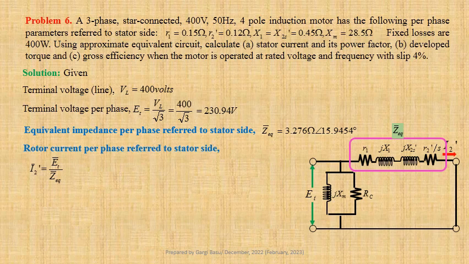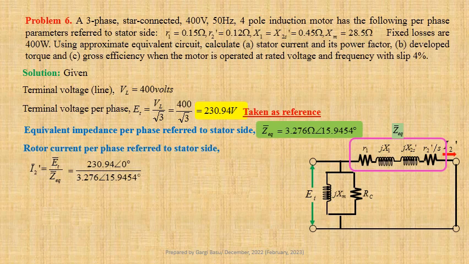Taking terminal voltage per phase ET as reference, we get I2 dash equals 230.94 at an angle 0 degree divided by 3.276 at an angle 15.9454 degree.